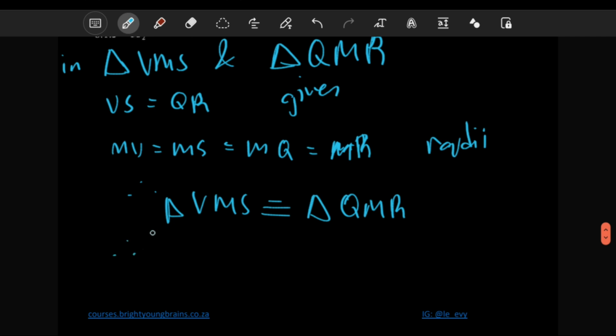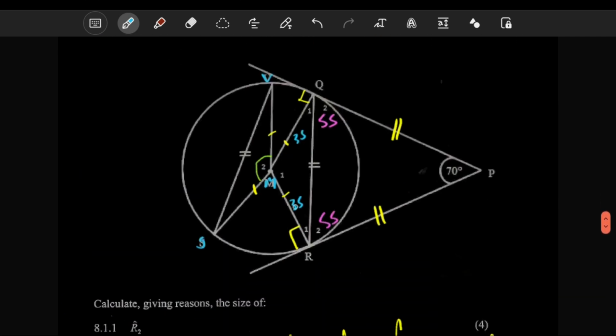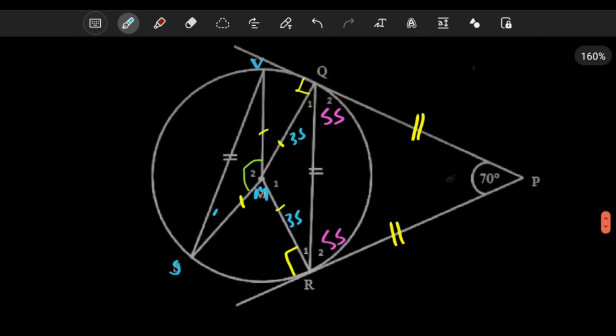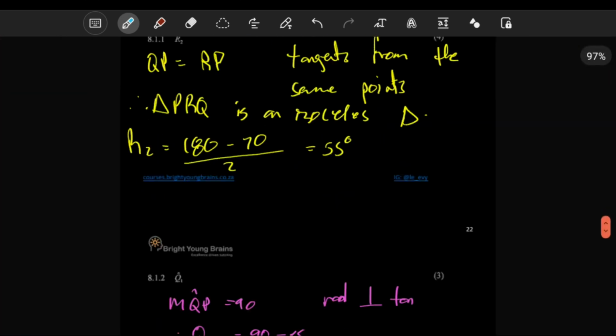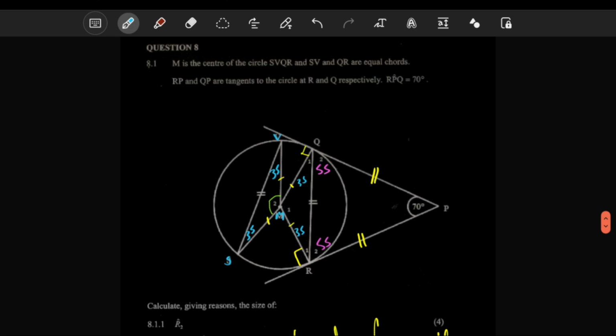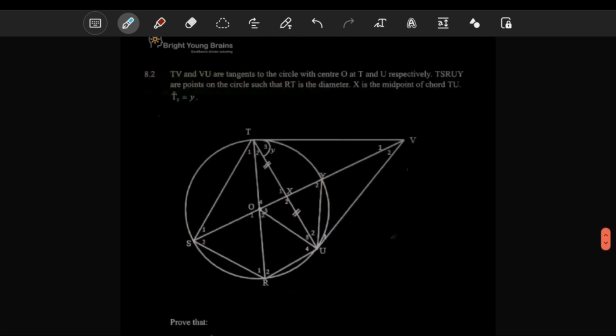So here we can then say, therefore, obviously this is 35 and this is 35. This angle is going to be equal to whatever M2 is. So here, therefore, we can just throw in a 35 over here, 35 over there. So here M2.